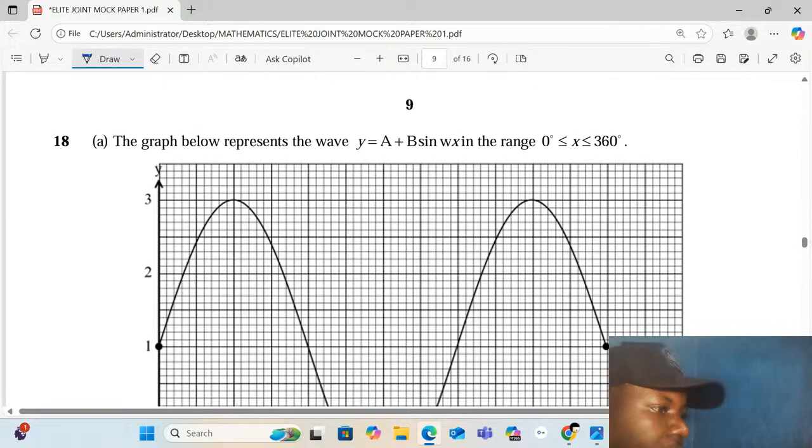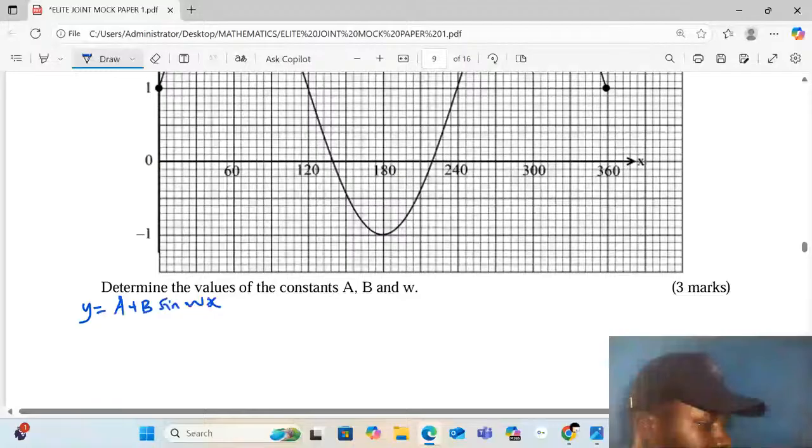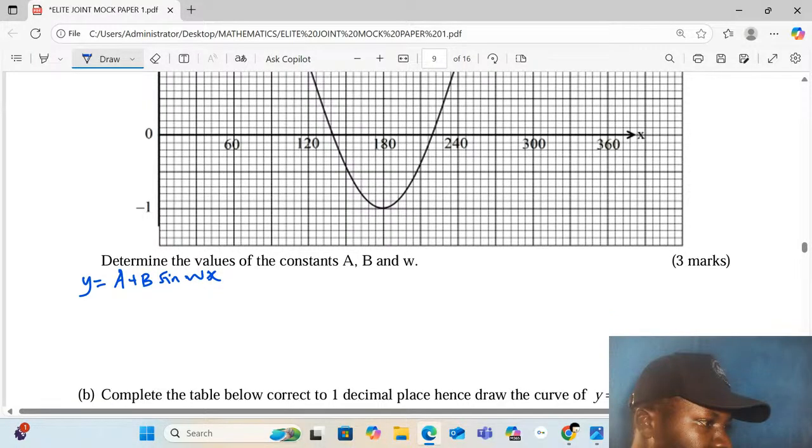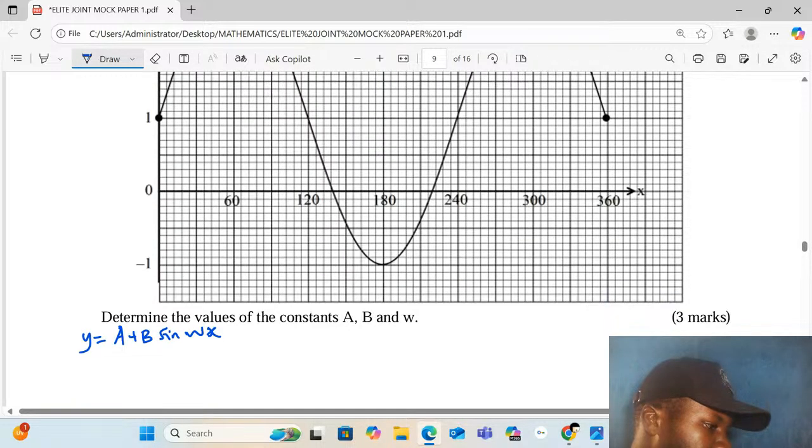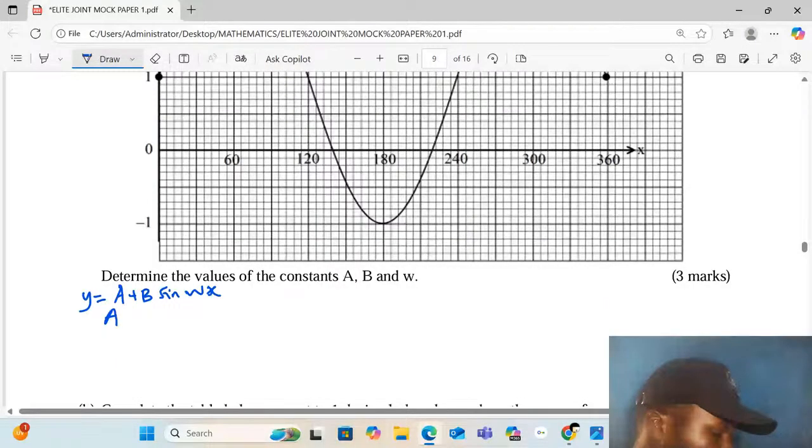We can write it here: y = a + b sin wx. Or we can start with a. Now a becomes 1. Now b becomes 2.